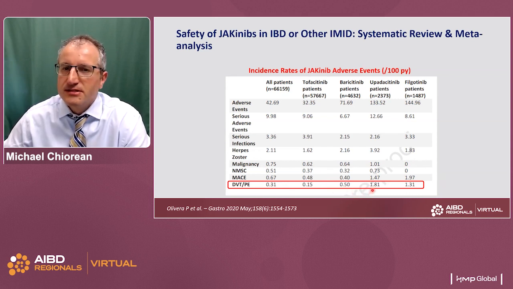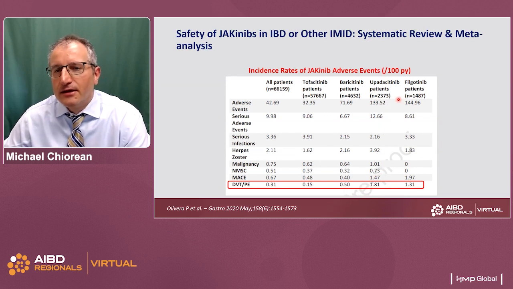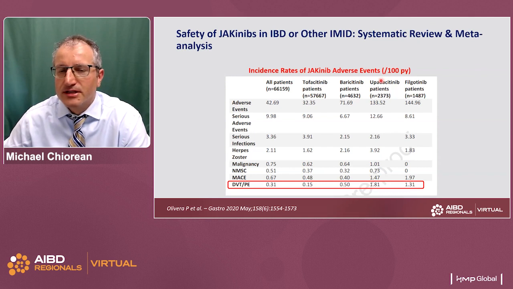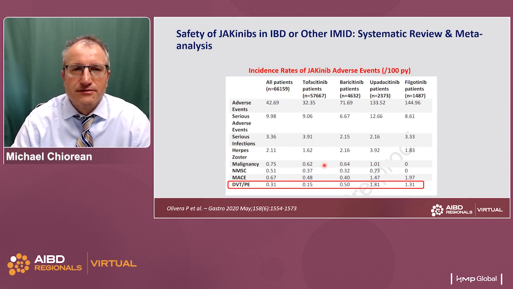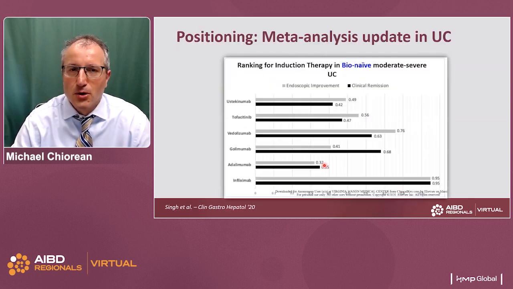But when you read this data, you have to remember that the safety data for UPA and filgotinib derives primarily, or almost exclusively, from studies in patients with RA, who were treated in combination with methotrexate, whereas the data for Tofa was somewhat diluted by patients from the UC program, where, as we have seen, the incidence of VTE was lower.